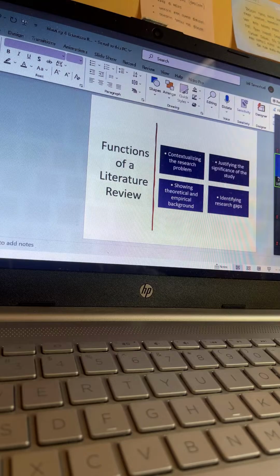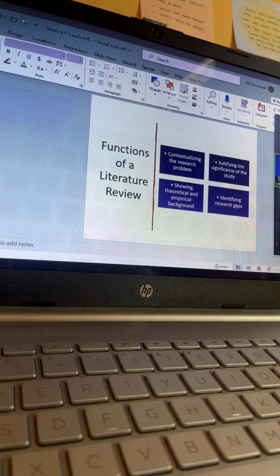So that's why you put theories. If you read again the literature review sections in the research articles that you've downloaded, you will notice that there are theories and previous studies that are put together by the author. All right. Why is it so? Because it is to contextualize the research problem.